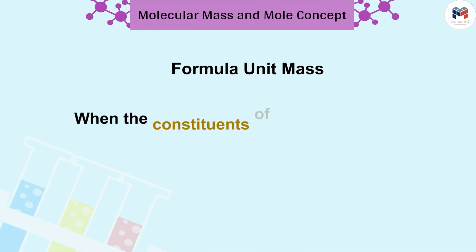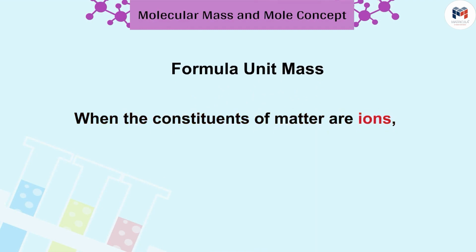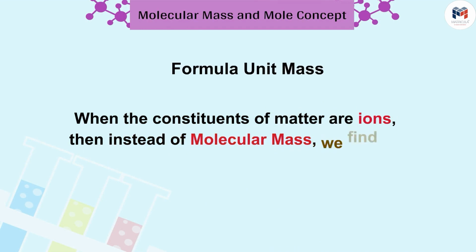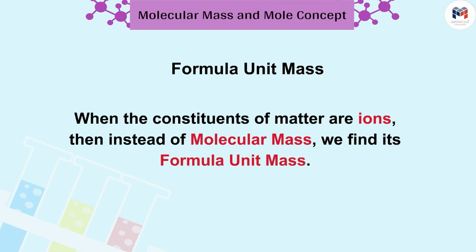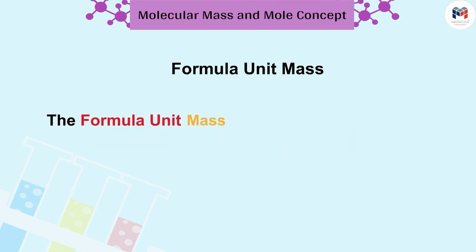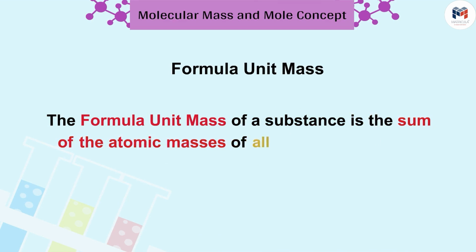When the constituents of matter are ions, then instead of molecular mass, we find its formula unit mass. The formula unit mass of a substance is the sum of the atomic masses of all its constituent ions.